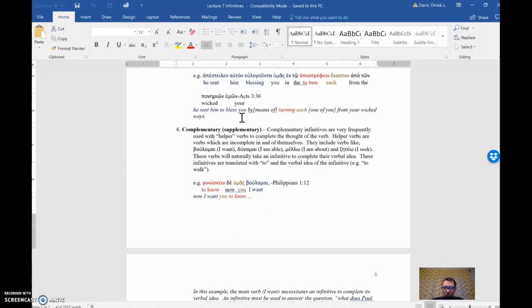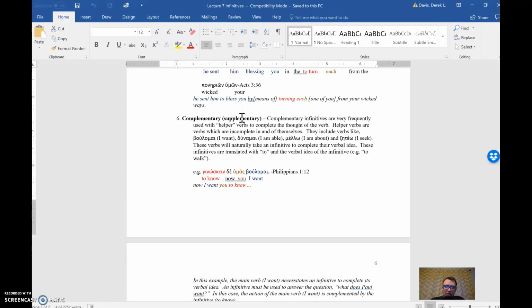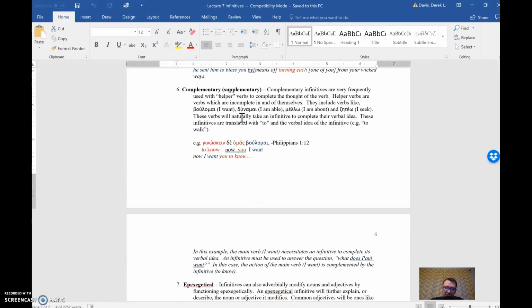The sixth category is actually, I would hope, the easiest category for you, though it can be slightly tricky. It's going to be accompanied by one of these verbs here, boulomai, dunamai, mello, or zeteo. These are verbs that particularly need an infinitive to finish the idea. So I want, I am able, I am about, or I seek.